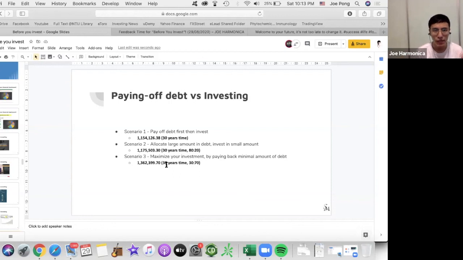mathematically, the best way, by comparing paying off your debt and investing, is to maximize on your low interest rate debt. So student debt at 4.5%: if you can get an average market return of 10% or even 8%, that is considered higher than the 4.5% of your student loan.